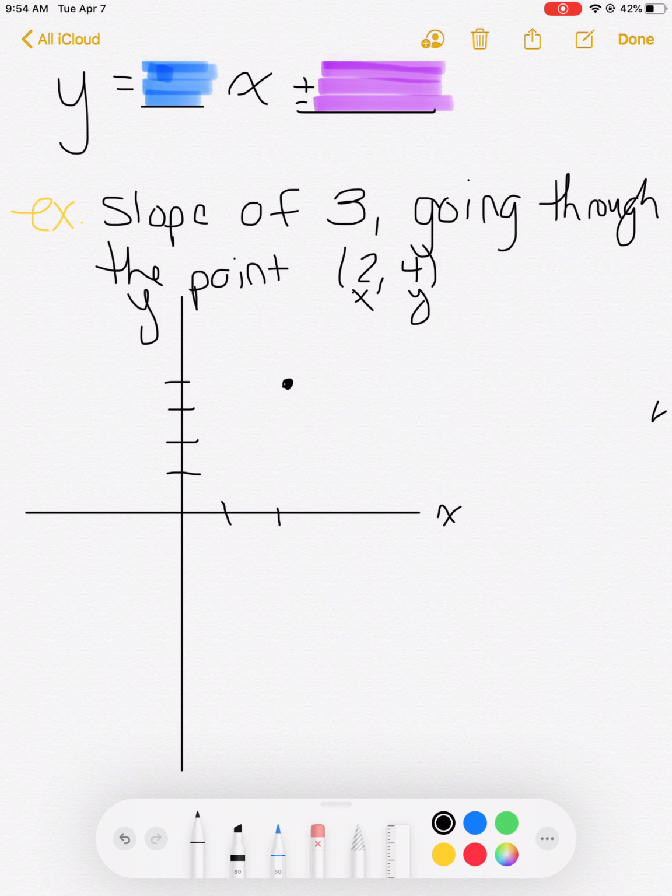Slope of 3. We know slope is equal to rise over run.